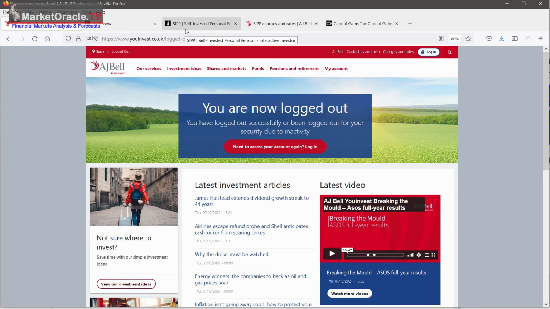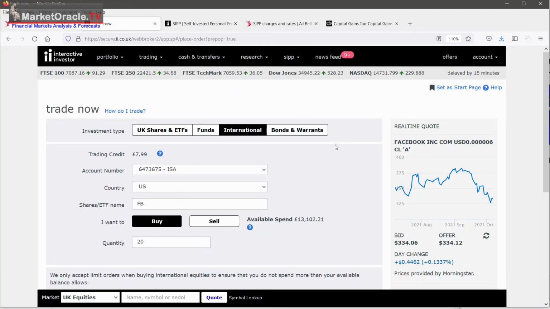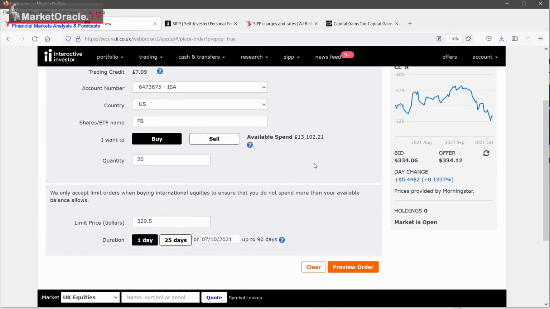Plus AJ Bell gives you instant quotes. You can trade at the price. II does not allow you to do that. But sometimes I've noticed AJ Bell's quotes are higher than spot. In this example, it wasn't the case. But sometimes the price is higher between the two platforms for some reason.